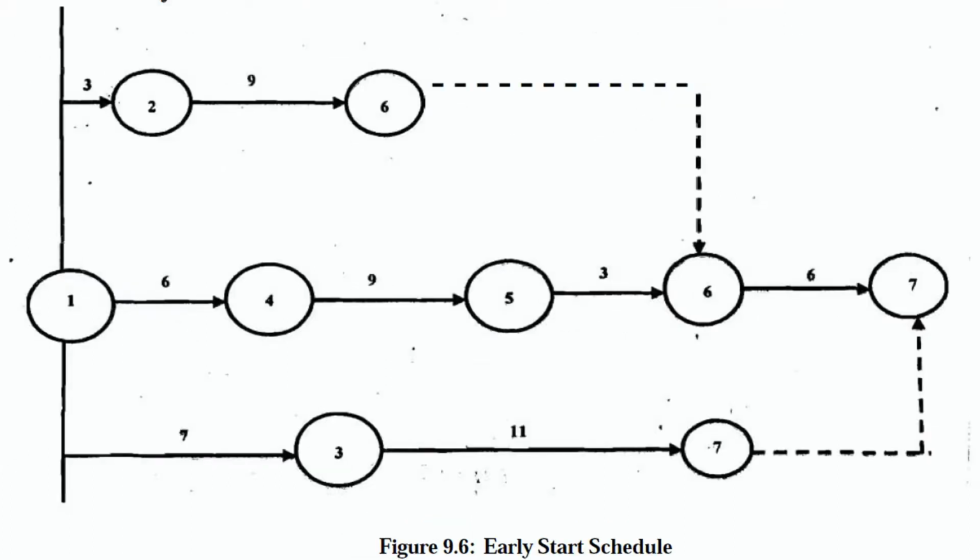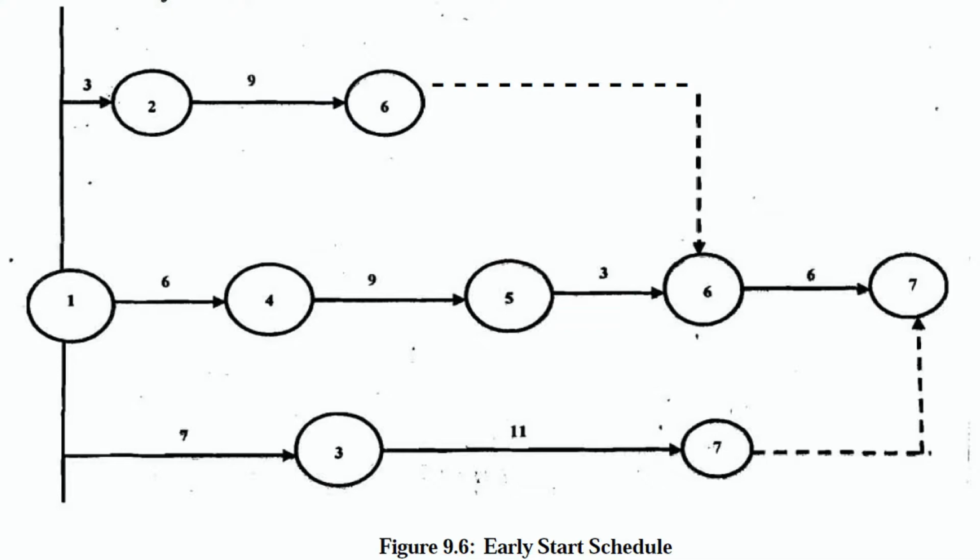Now, how can it be converted into a schedule? This is a typical schedule available in this case. You start with 1, so your schedule starts at 1, and in 3 weeks' time you need to move on. This schedule is for the earliest start, showing when the various activities need to be started. Similarly, you can create one for the late start also.